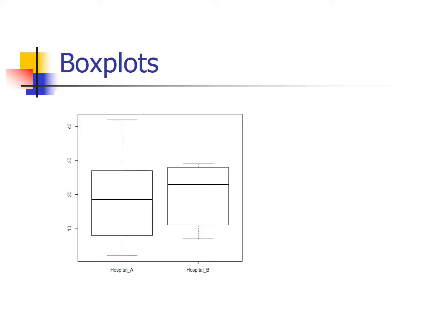I might say, which hospital has the most variation? I could answer that question in a couple ways. I could compare ranges. Remember, the range is the distance from whisker to whisker. If I do that, Hospital A, I can see quite clearly, has a much larger range than Hospital B. But remember, range can be very deceptive.